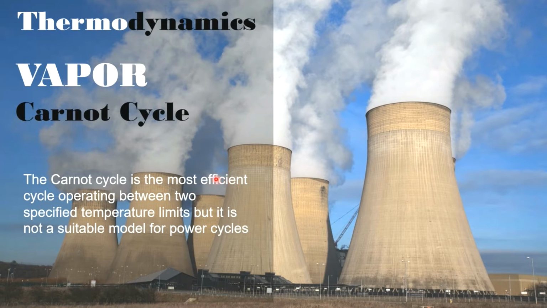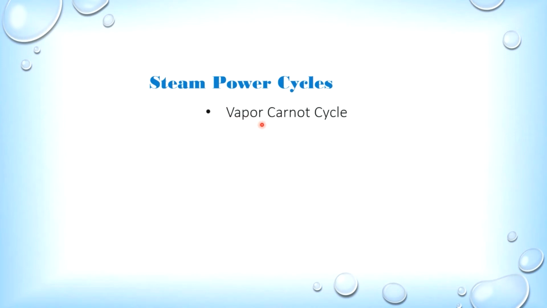Okay, but we still have to know what the vapor Carnot cycle is about. So in vapor power cycles or steam power cycles, we'll be looking at the vapor Carnot cycle first.